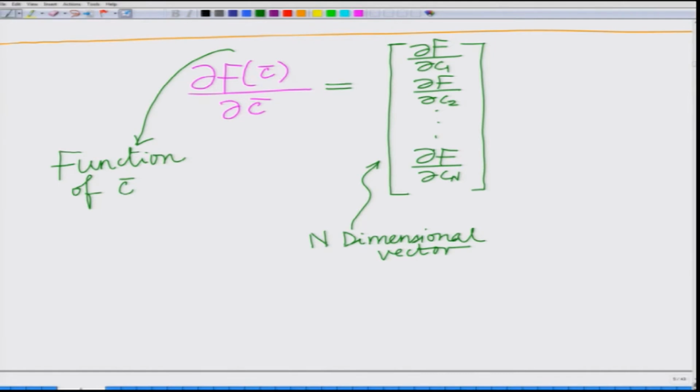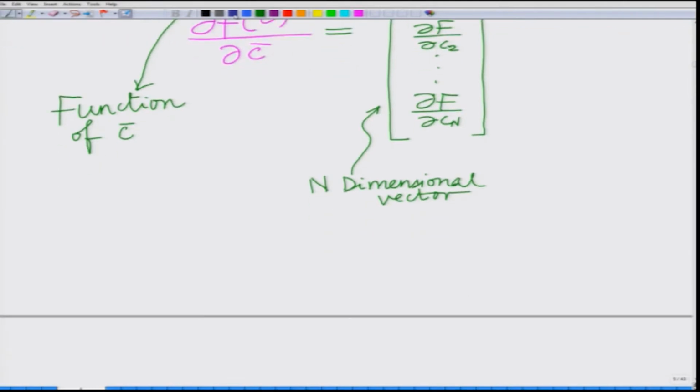For instance, let us take an example. Let us consider a simple scenario where this function f of C bar equals k, which is a constant.